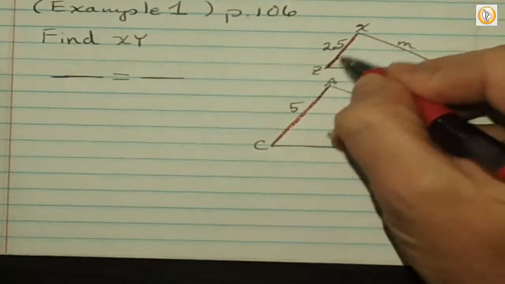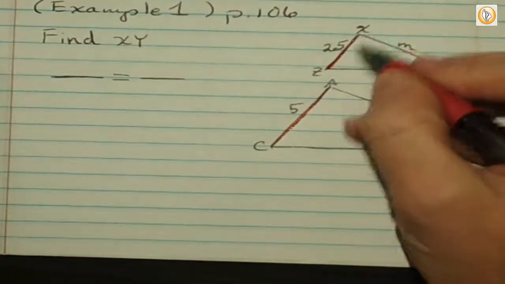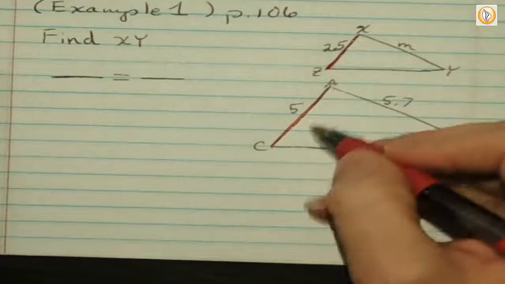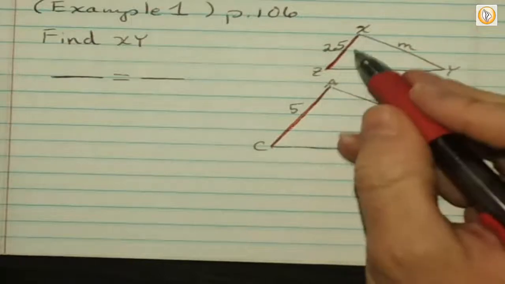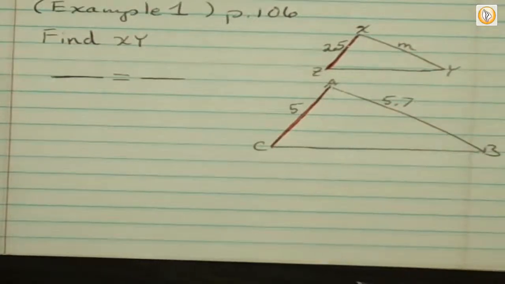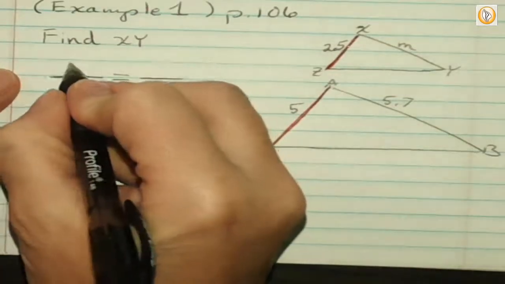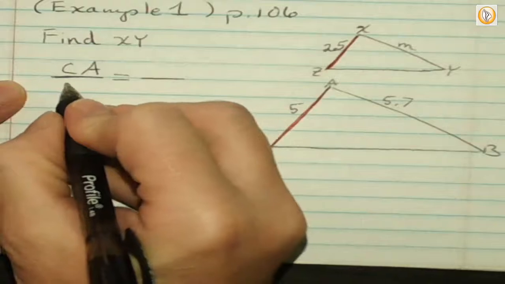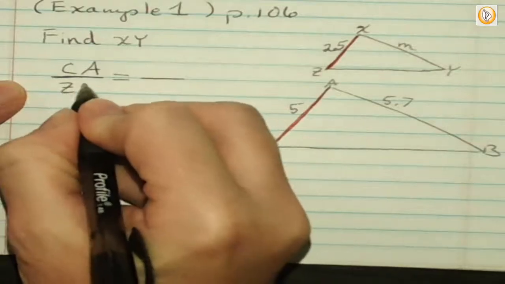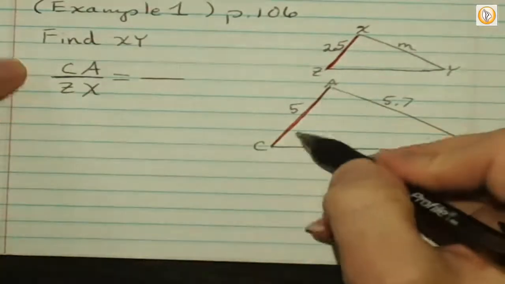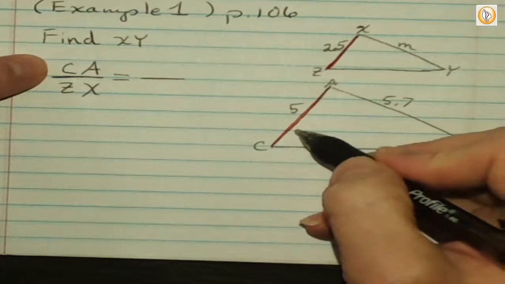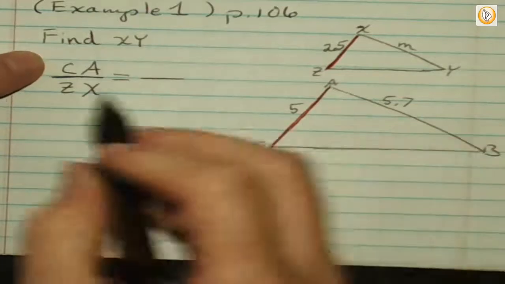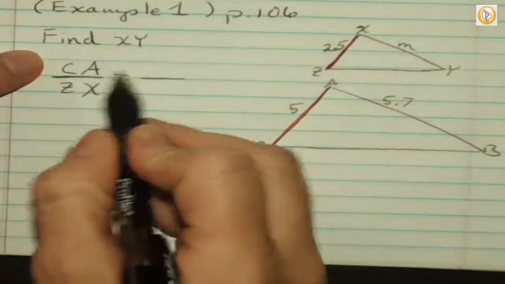The same sides. So if you notice, X and Z and A and C are corresponding sides, right? So we're going to put the bigger triangle on top, and it corresponds with the smaller triangle. So this side is going on top. Okay, so you see my proportion, right?